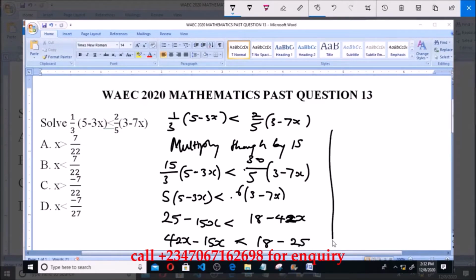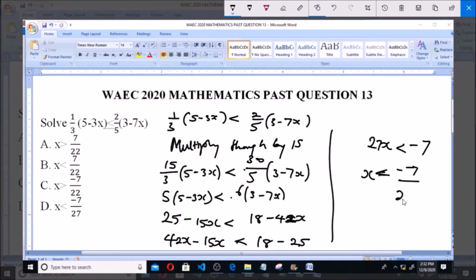So we'll have that 42x minus 15x will give us 27x is less than 18 minus 25 will give us minus 7. So therefore x is less than minus 7 all over 27, and that is option D. X is less than minus 7 over 27.